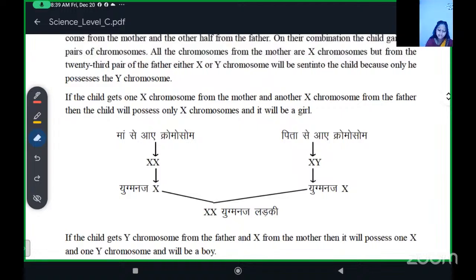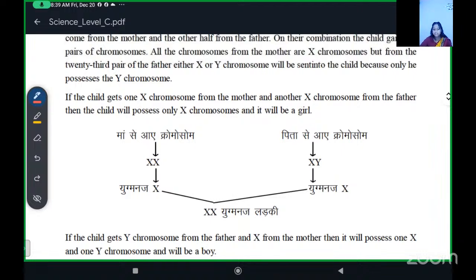Yes, Simran? I was reading in that textbook that there's a process called meiosis in which the chromosome pairs are separated and only one of each pair comes.